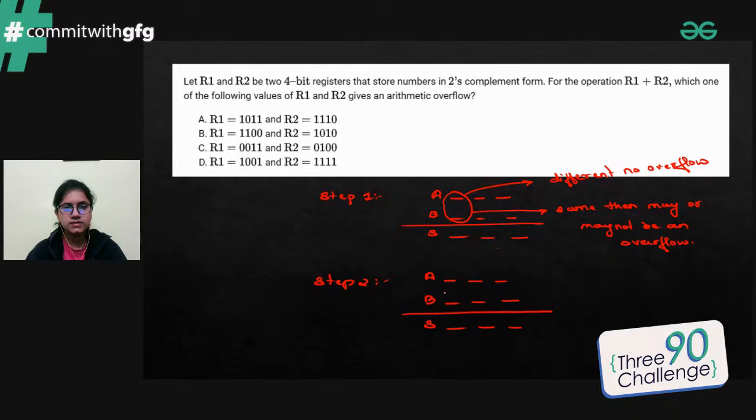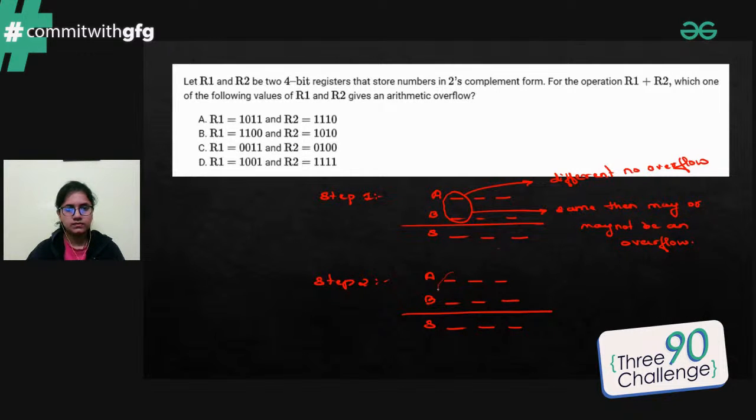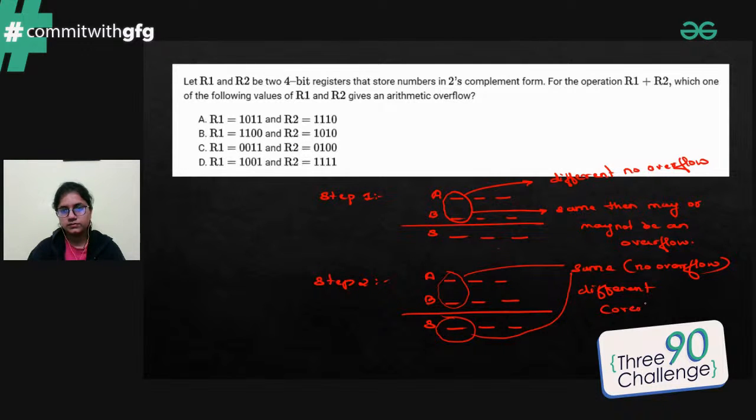Now they both are the same, so no overflow. And if they both are different, then overflow. Okay, so this is the trick.